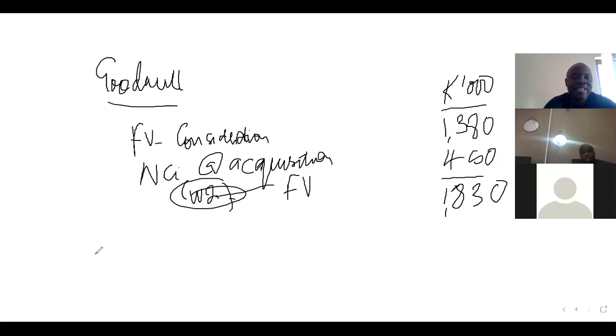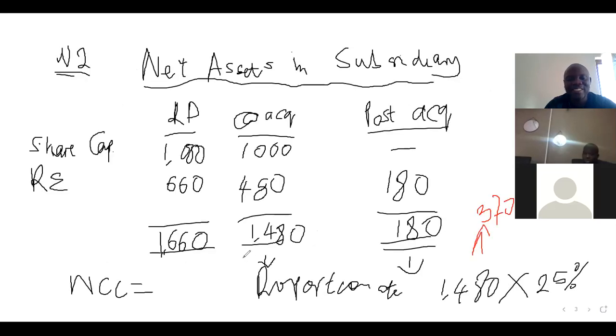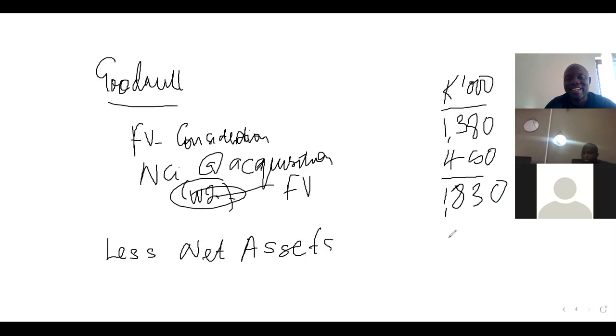Then now, less net assets. This is basically at acquisition, because at post-acquisition, by that time, you didn't even know what was there. So the net assets at acquisition, you pick, which is this 1480.